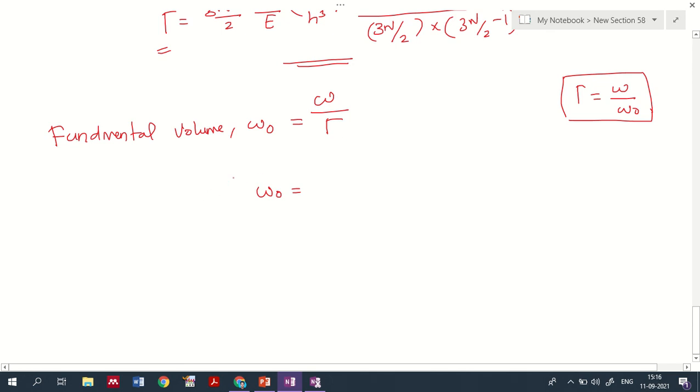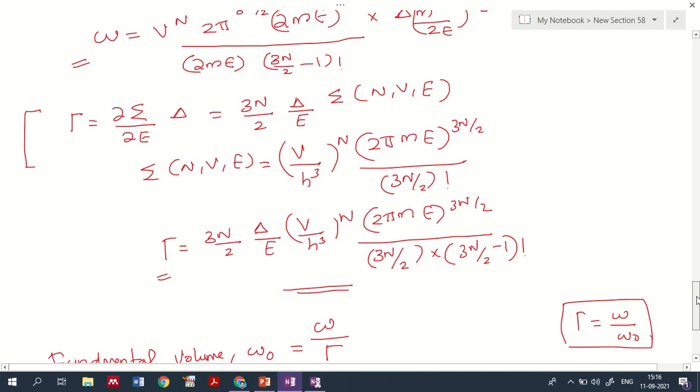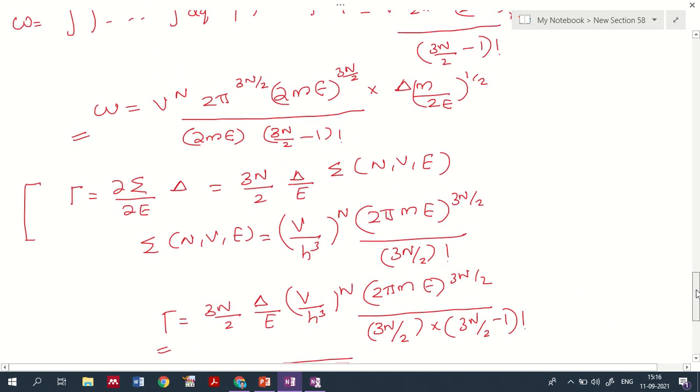Now, omega we already know. What is omega? We already identified: omega equal to v raised to n times 2 pi me raised to 3n by 2. So this is the equation corresponding to the omega value.